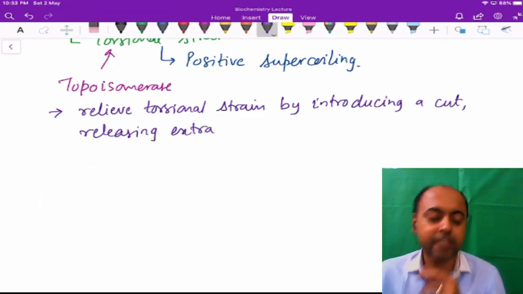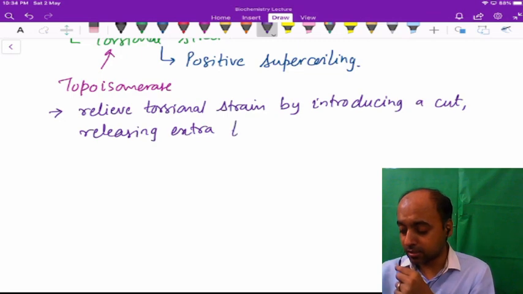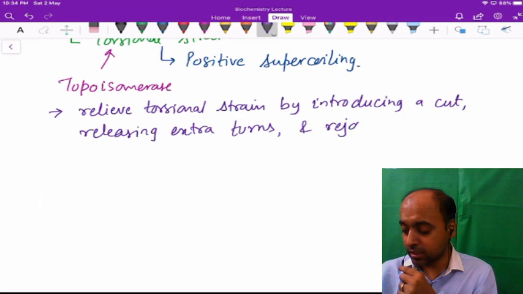During unwinding, extra turns are introduced, so the extra turns are released, and after that the DNA is rejoined.